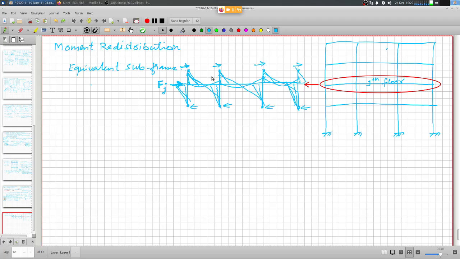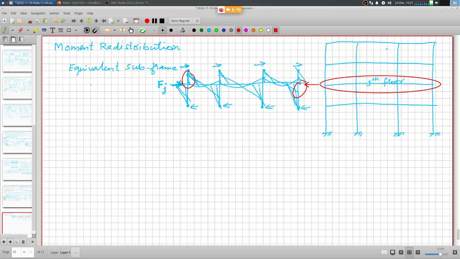Most of the demand would be on the outermost columns, because there is nothing to adjust, nothing to compensate here. This particular negative moment that is coming from the beams. Right?